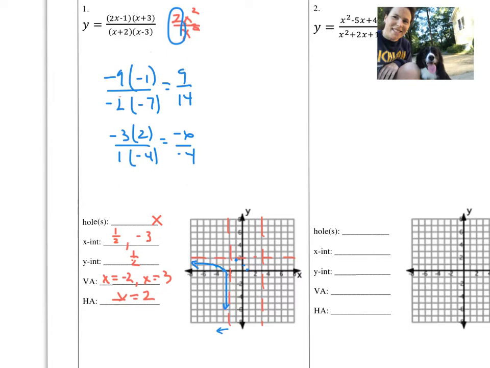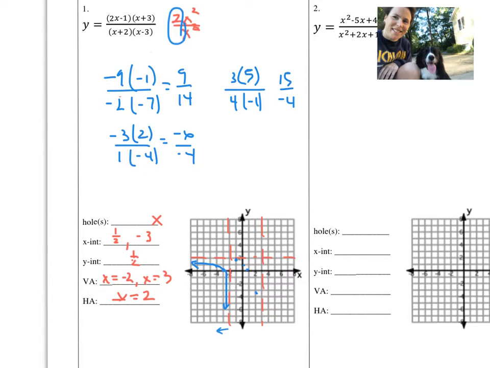If I plug in 2, I get 4 minus 1, which is 3, times 2 plus 3, which is 5, over 2 plus 2 times 2 minus 3, giving me 15 over -4. It's -3 3/4, and that'd be right about here.